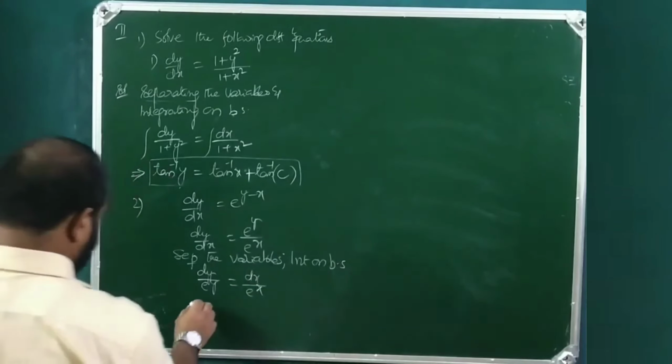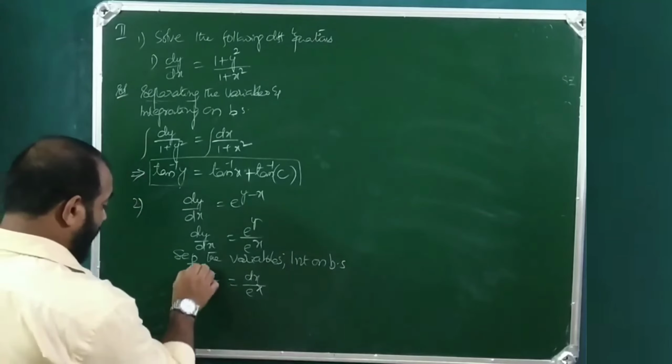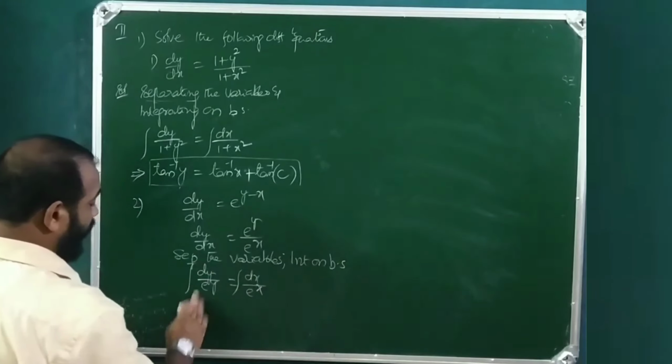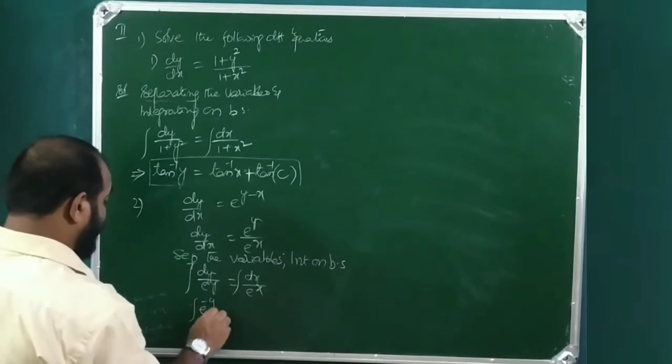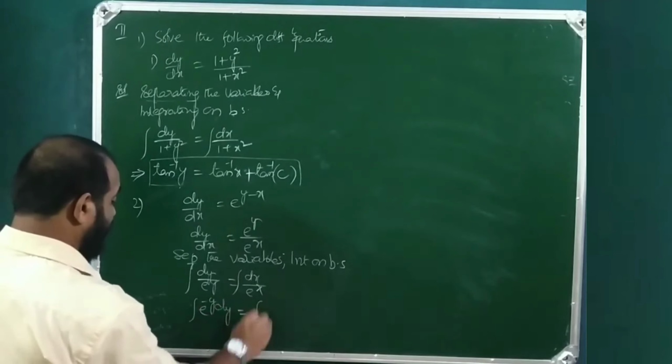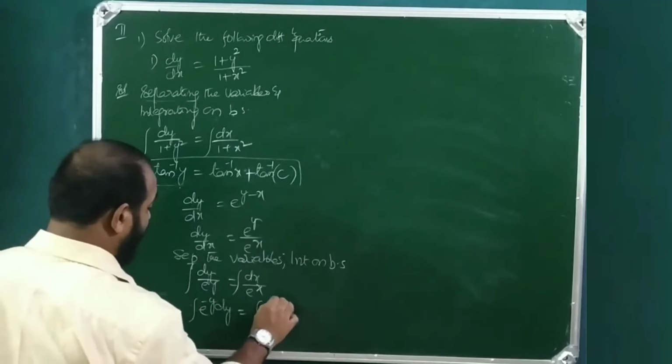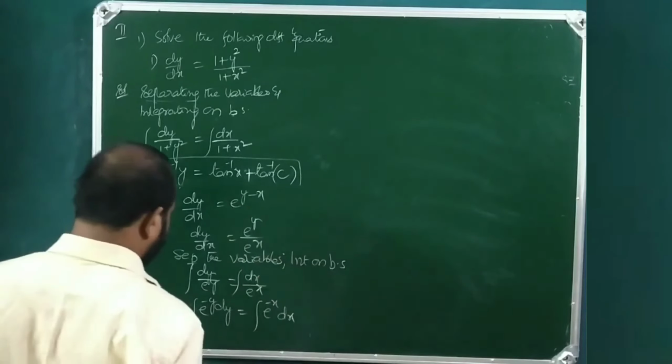Integrating, 1 by e power y is e power minus y dy equals 1 by e power x is e power minus x dx.